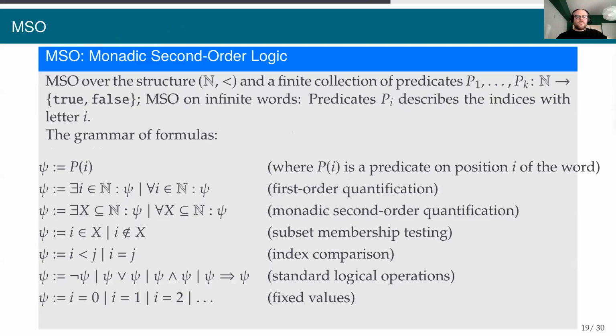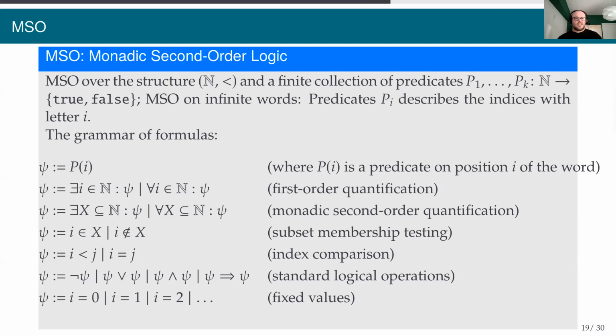MSO, just a quick slide to get the feeling of what's going on. You have your MSO over the structure of the naturals with the inequality. And you define a finite collection of predicates that just map a natural number to true or false.